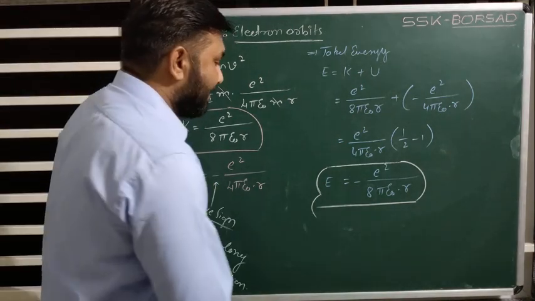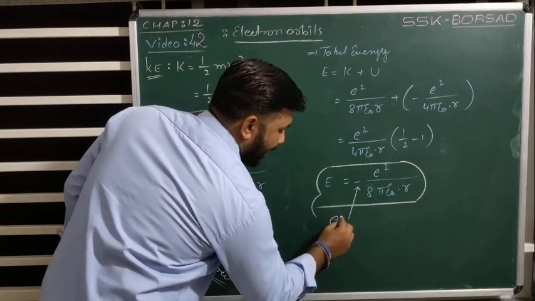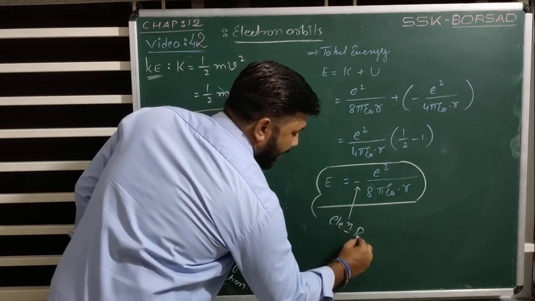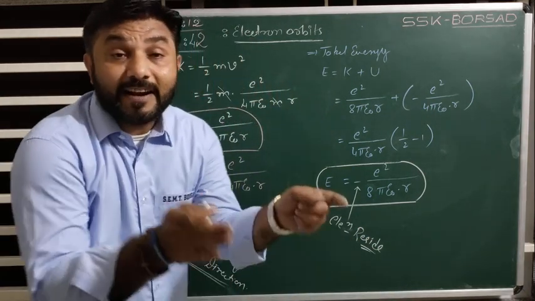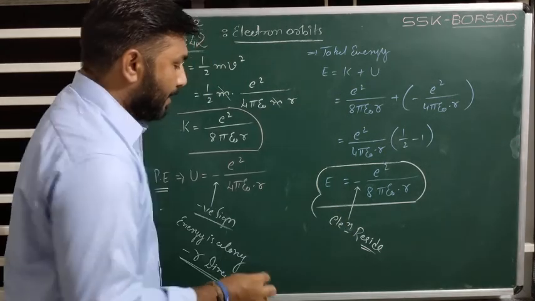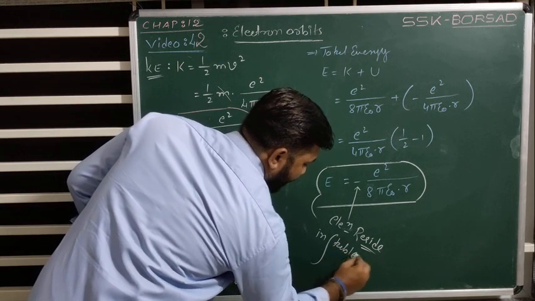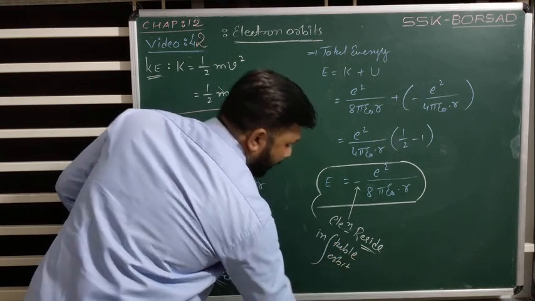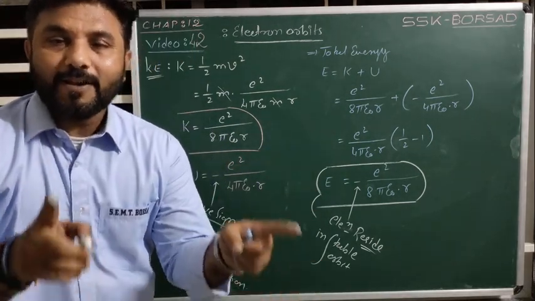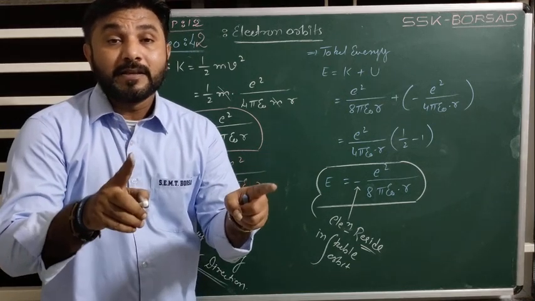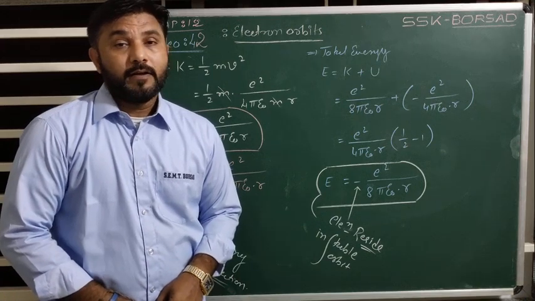Again, here there is a negative sign, and this negative sign indicates the electron resides, meaning electrons will remain in the stable orbit. Suppose the total energy of the electron is positive, then what will happen? Think of that.